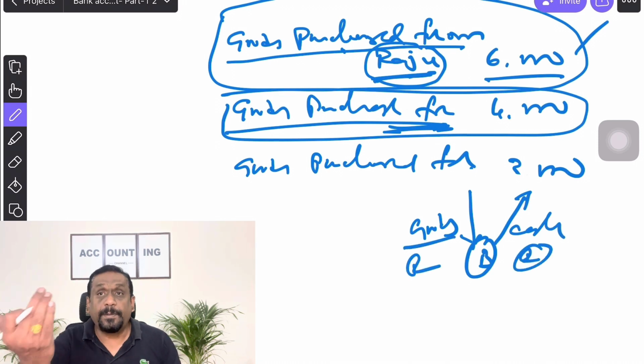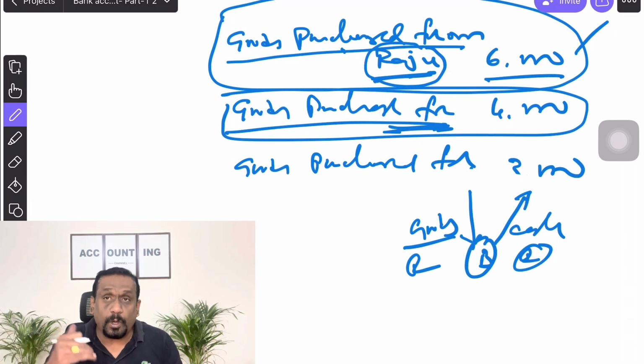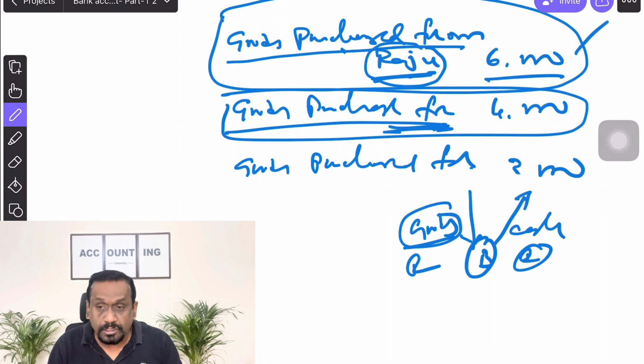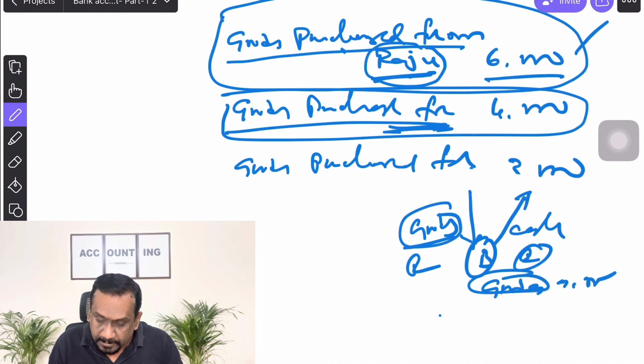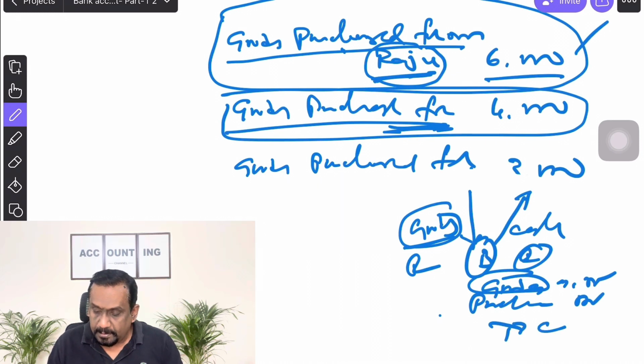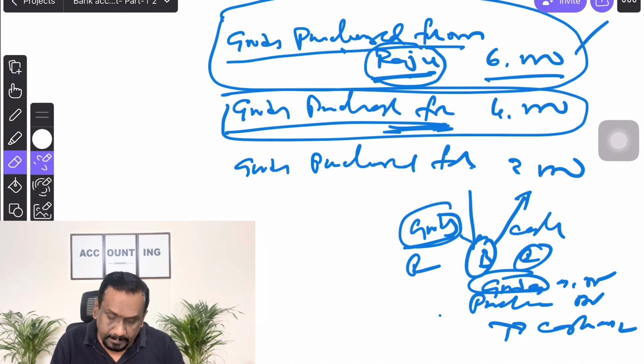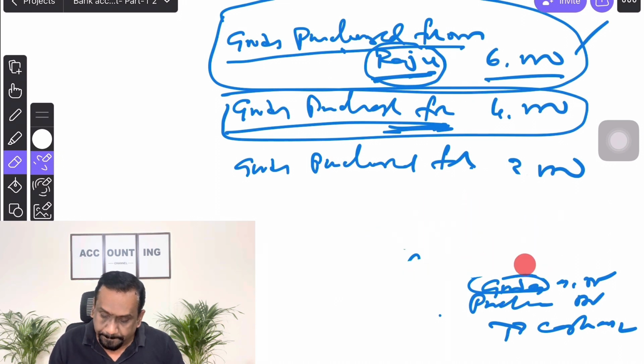Real account principle, debit what comes in, credit what goes out. So what comes in here? Goods. So what you need to do? You need to debit goods account or purchase account and credit cash account. Clear? I am not explaining much about here because I already explained cash transaction. Clear about this? Then the last one.